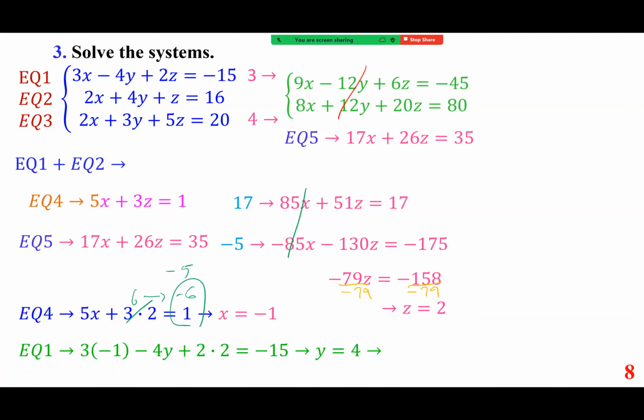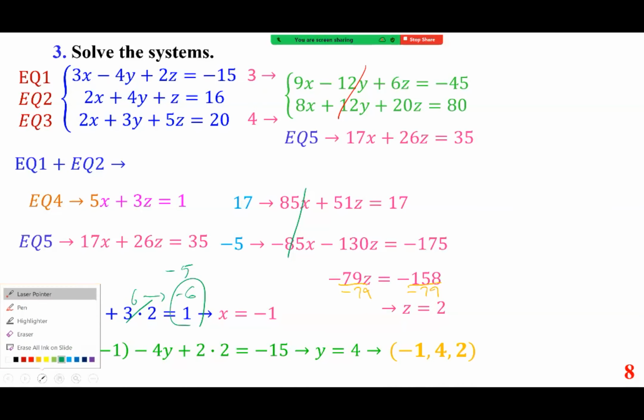Now you have to go to one of the original equations. It doesn't matter which one. For example, the first one, 3 times negative 1 minus 4 times y plus 2 times 2 equals negative 15. This is negative 3 and 4 becomes positive 1, goes to the other side.